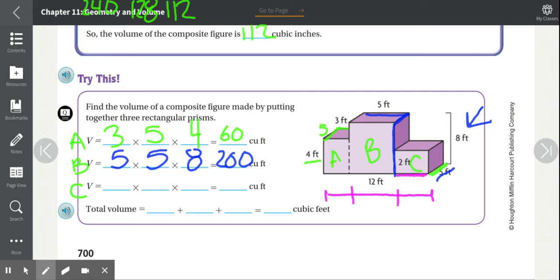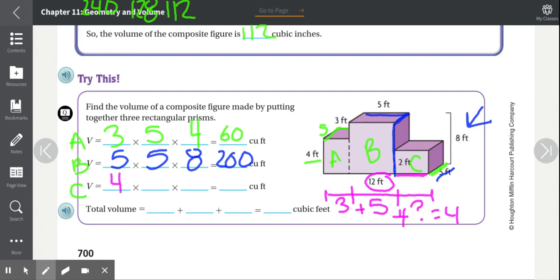We know that the length of rectangular prism A is 3, and the length of rectangular prism B is 5. So we just need to find the length of C. So this is using just a regular old addition model. 3 plus 5 plus what equals 12. 3 plus 5 is 8. 8 plus 4 equals 12. So our length is 4 feet.